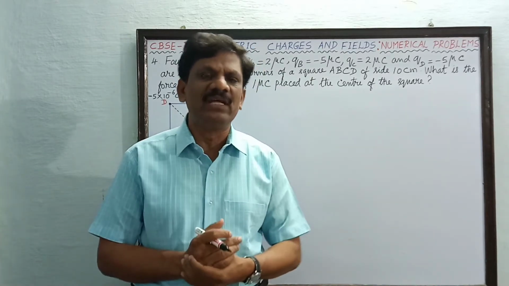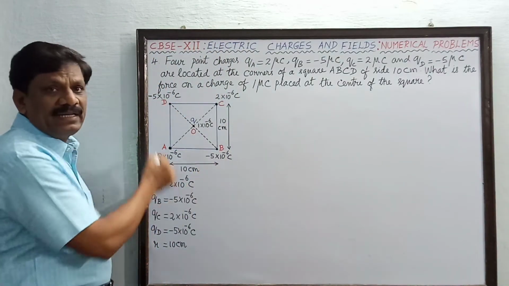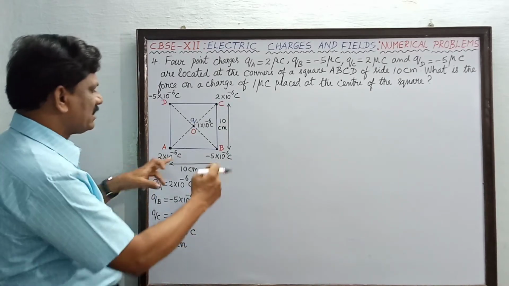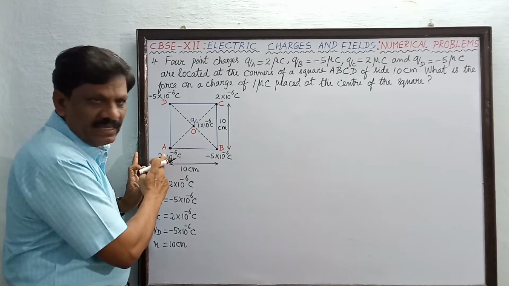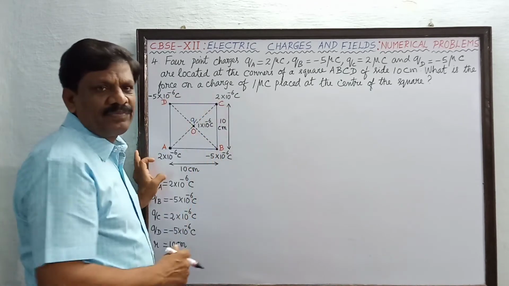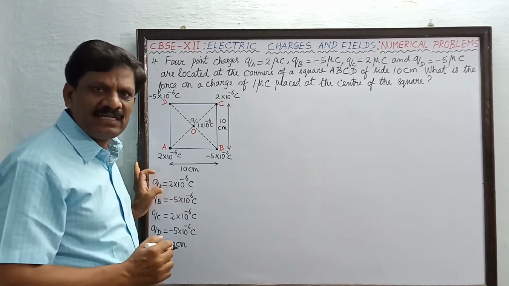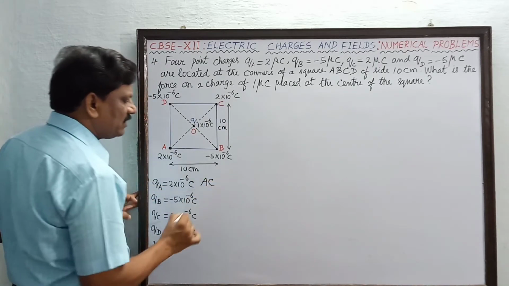That distance we require. So for the entire square ABCD, I am going to apply the Pythagoras theorem for the triangle ABC. You look at the triangle ABC. The side AC is the hypotenuse, is it not?